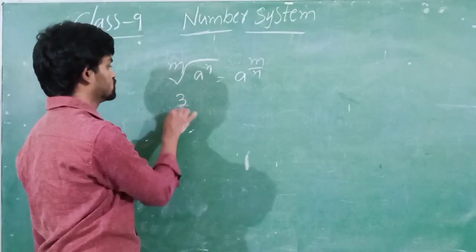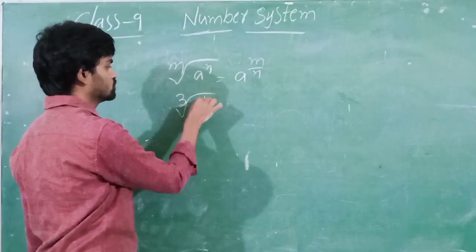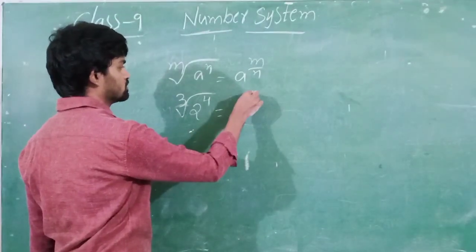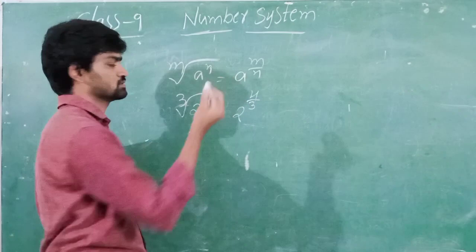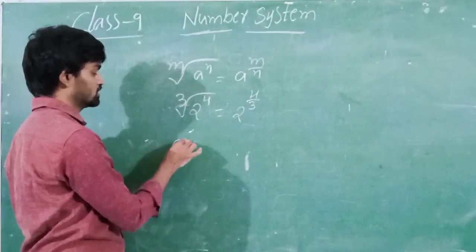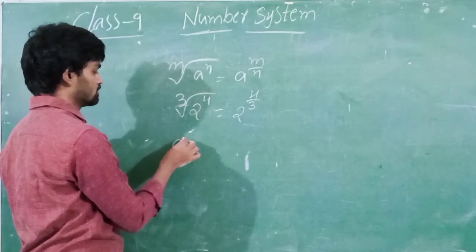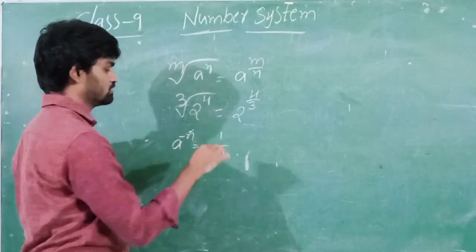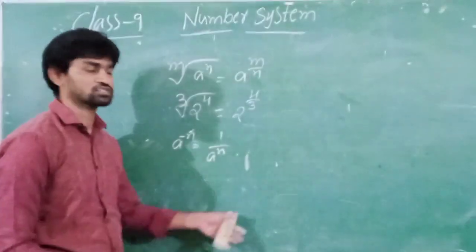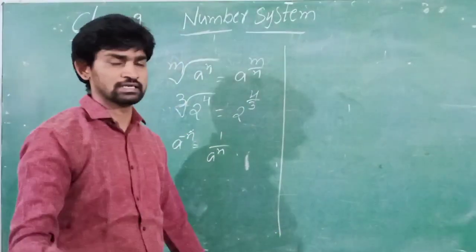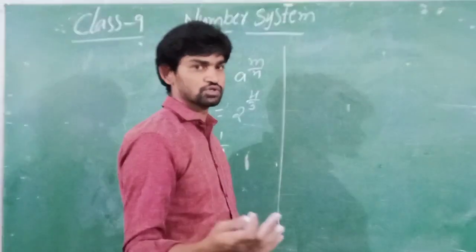So cube root of 2 power 4 you can write as 2 power 4 by 3. And if you have a power minus n, you can write 1 by a power n. A few laws of exponents are also used in that, which you have already learned in earlier classes.